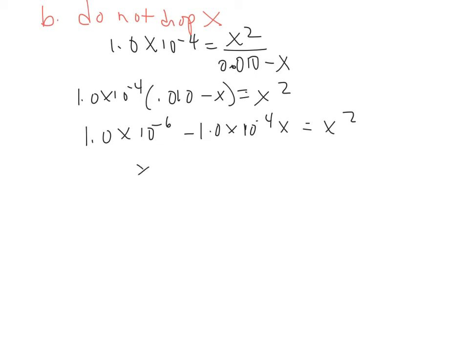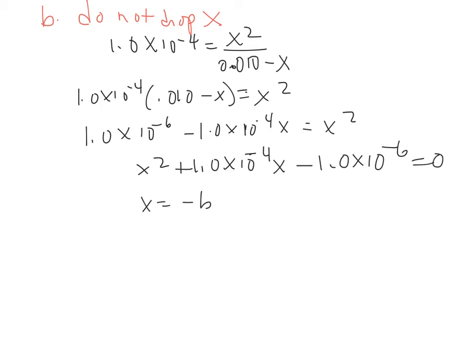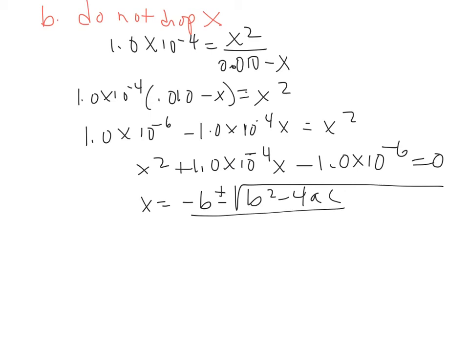Put it all on one side. You've got x squared plus 1.0 times 10 to the minus 4x minus 1.0 times 10 to the minus 6 equals 0. Then you've got x is equal to negative b plus or minus the square root of b squared minus 4ac, divided by 2a.